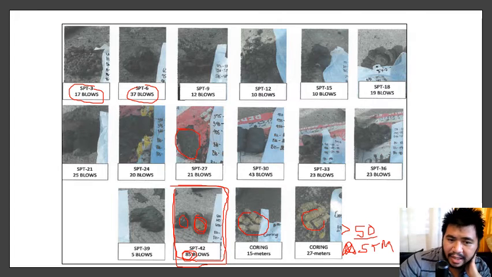So what happened here is they encountered a piece of rock. They're in the soil, but they started encountering a piece of rock. But what they did is they just kept on hammering. They should have actually stopped at SPT 50 and started doing the coring. So anyway, this is a good example. Once you start encountering particles of rock, you can get really high SPT blow counts.